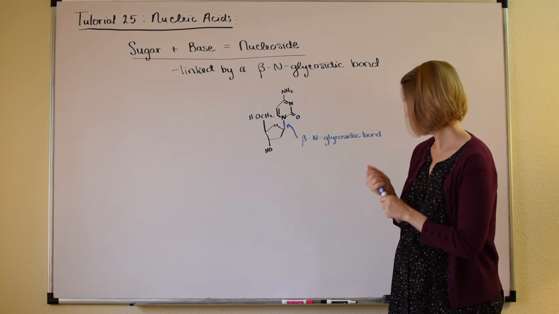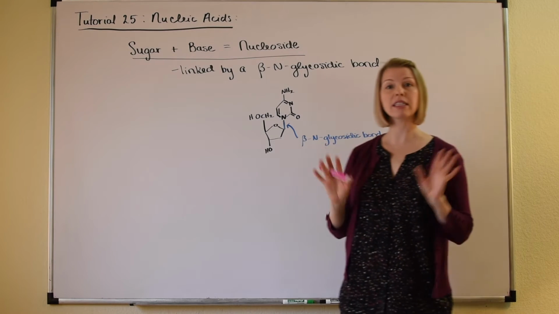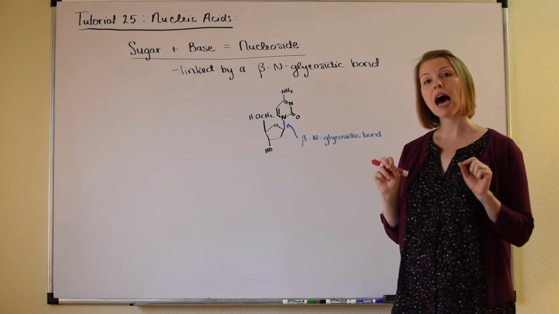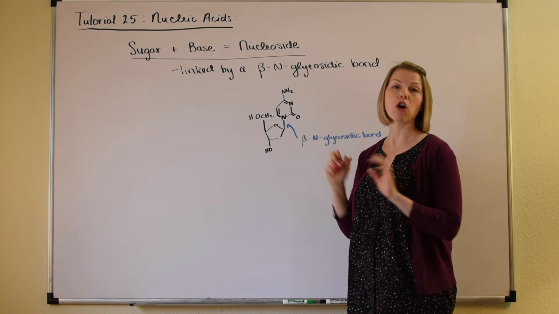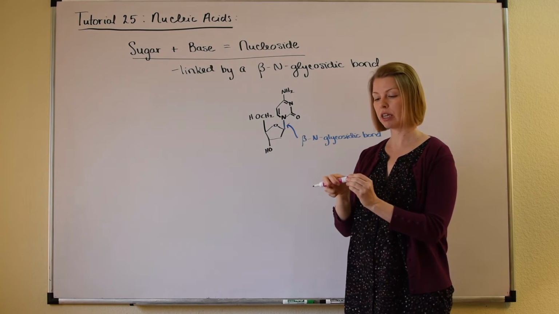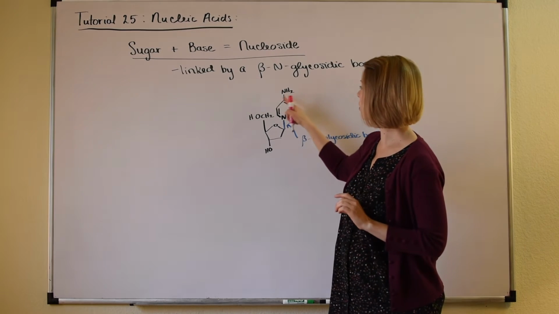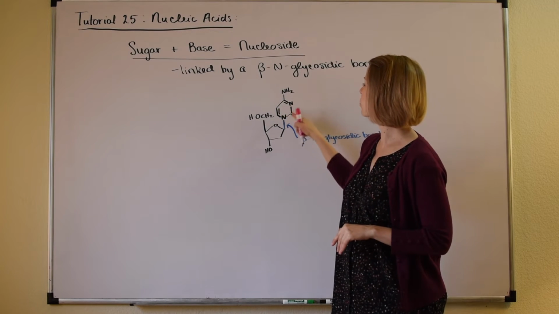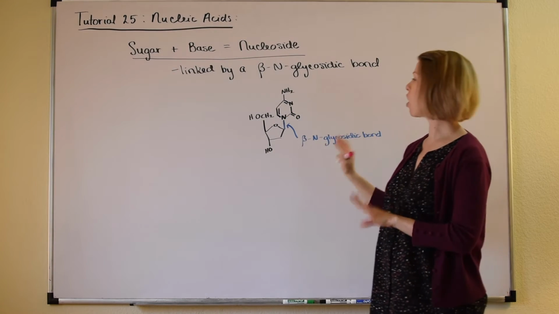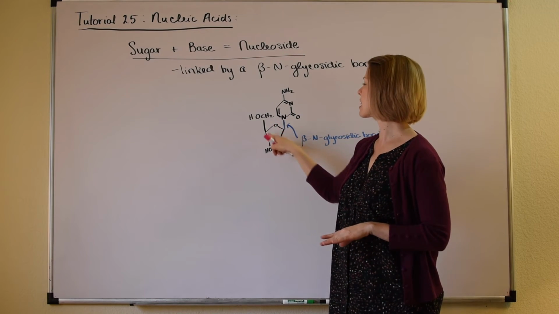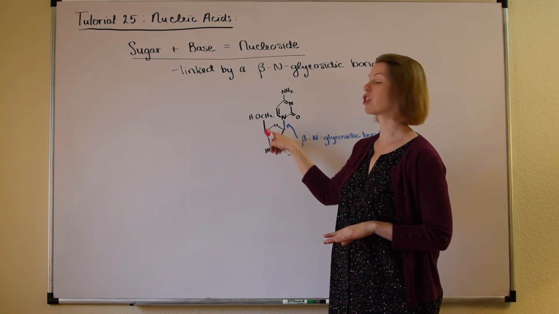All right. Let's go to the pink pen here because I really want this to stand out. Notice that we have multiple ring structures here. So when we count, we're going to count the atoms in the ring structure of the nitrogen-containing base, and we're also going to count the carbons in the ring structure of the sugar.